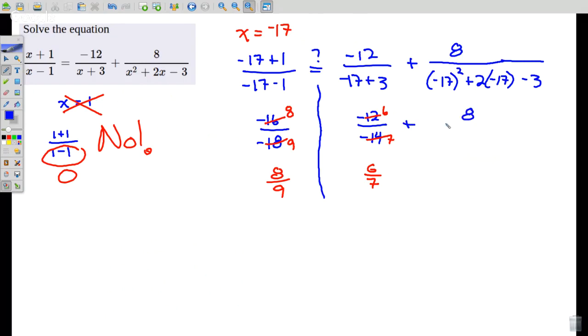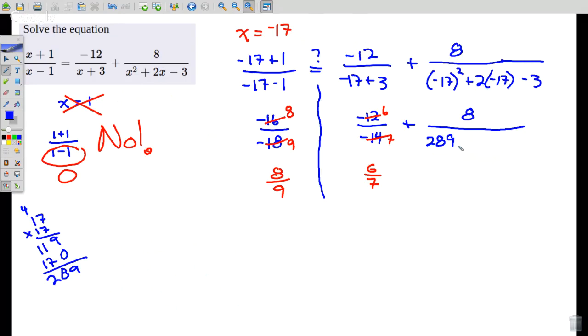Next, we have 8 over 17 squared. I'm going to resist pulling out a calculator. Hopefully you do too. 17 times 17 is 289.